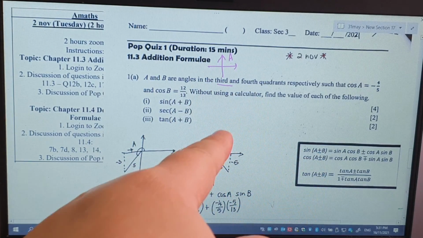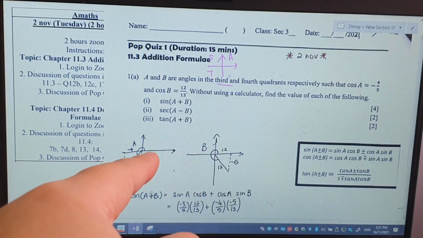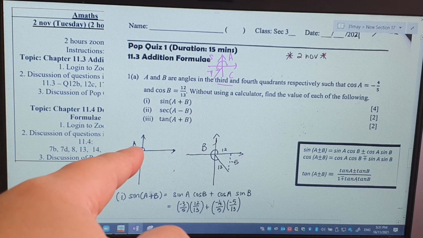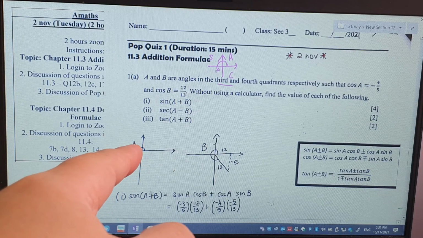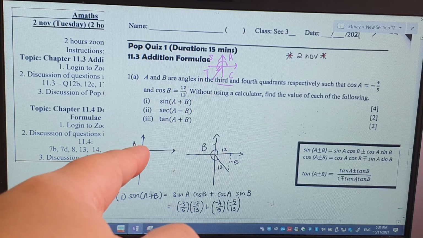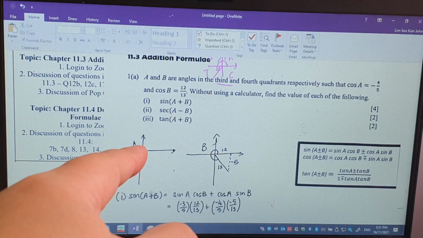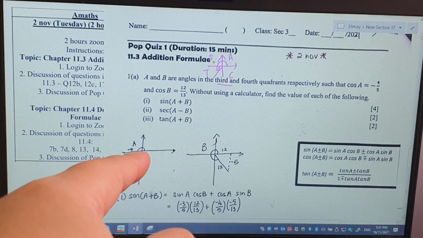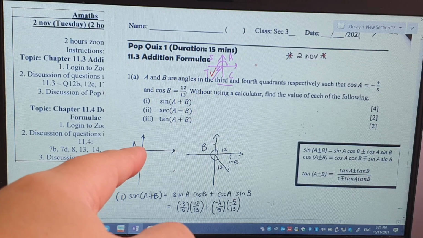They're saying that A is in the third quadrant, meaning the angle is here. I will enlarge it later, but it is in this quadrant.